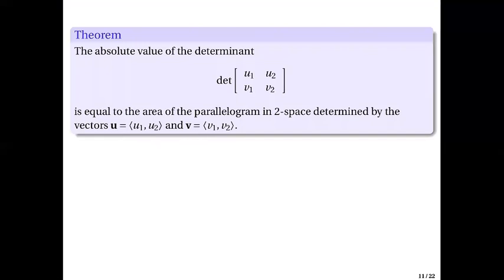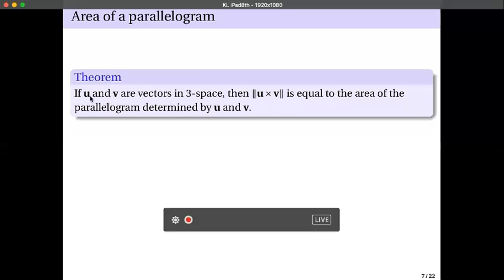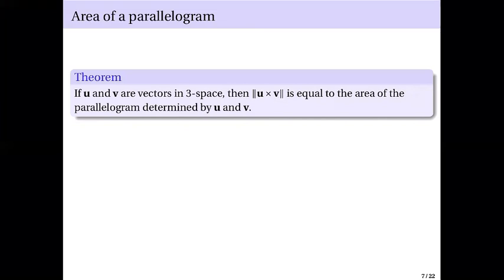Let's look at the previous formula for the area of the parallelogram. We considered vectors in three space. Of course, you have the cross product, which only works for three space.